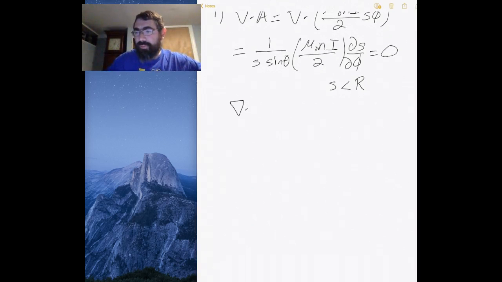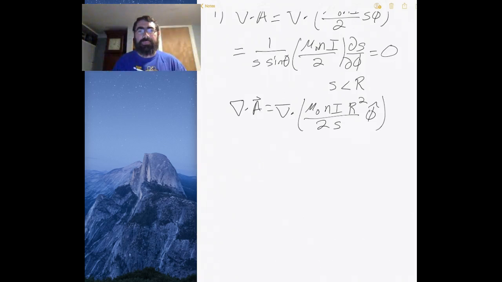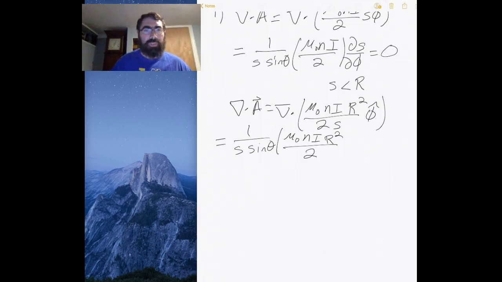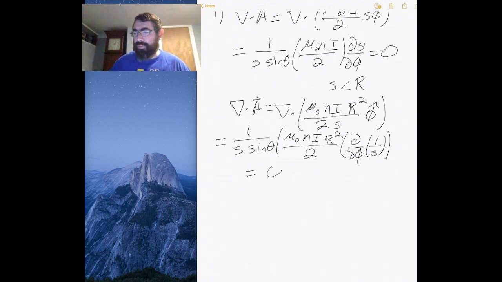On the outside, what do we have? Well, we have the divergence of A, which is the divergence of this formula, mu 0 Ni capital R squared over 2s in the phi direction. And that's equal to 1 over s sine theta times mu 0 Ni R squared over 2 times d by d phi of 1 over s, which again would give you a 0.